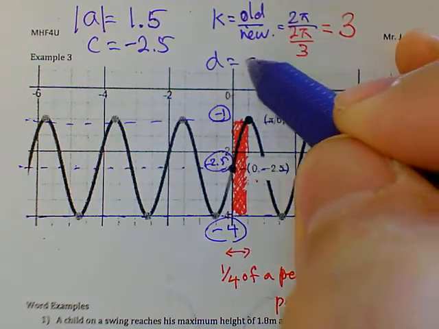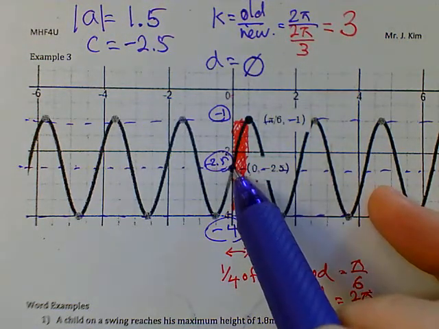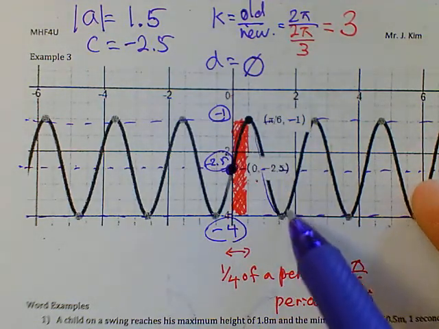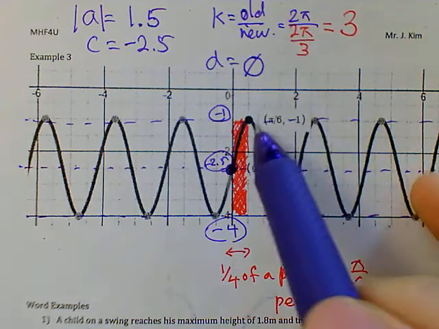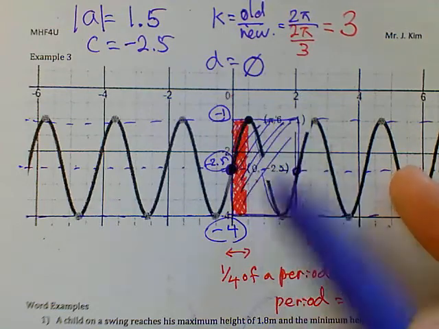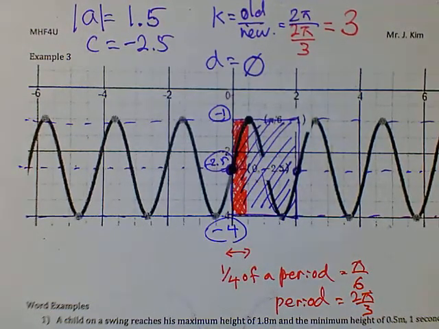But if I say that there is 0 horizontal shift or 0 phase shift, then I am automatically forcing myself to start here, which means this is 1 cycle. Which means I am dealing with a sine curve and not a cosine curve.